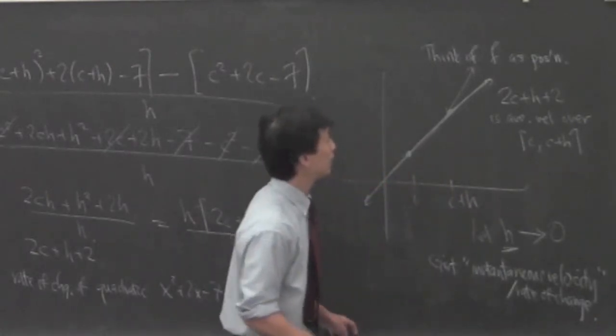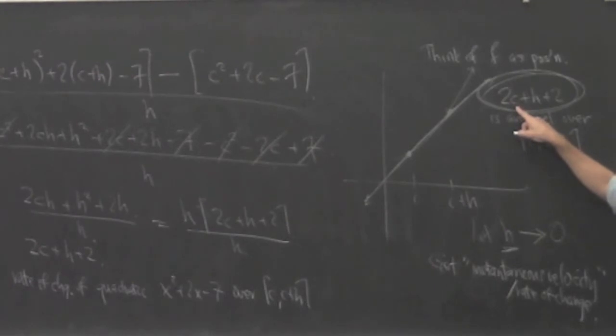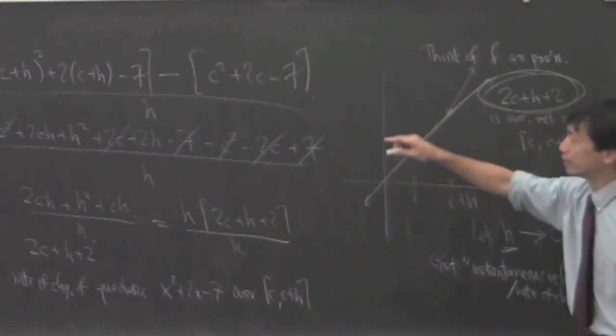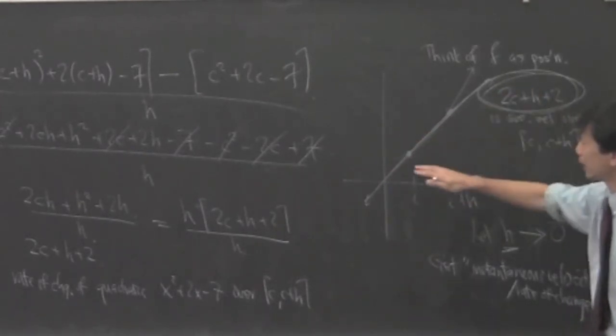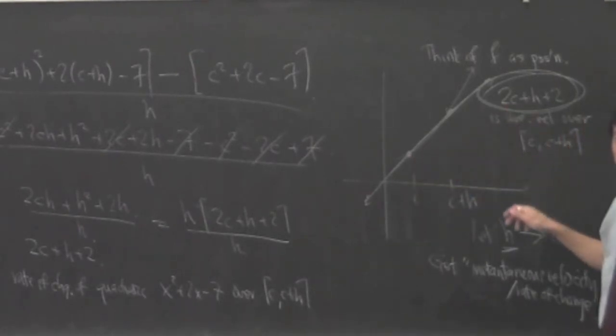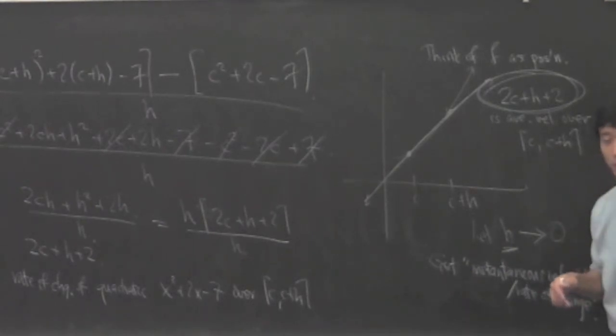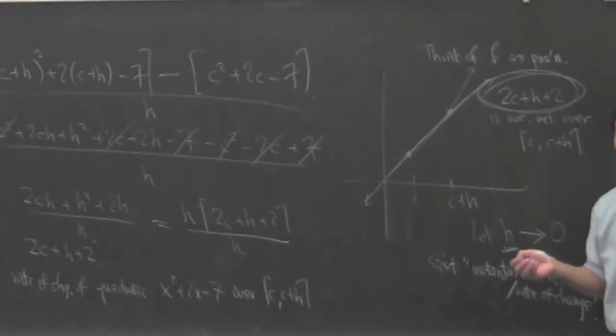So for us, when H goes to 0, what do we get? We get 2C plus 2. So for this quadratic, the instantaneous velocity becomes 2C plus 2. Now, of course, instantaneous velocity is sort of an oxymoron. It's a contradiction.